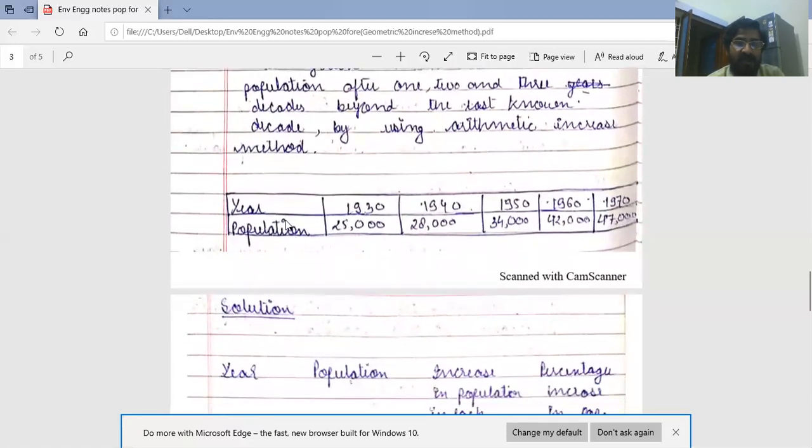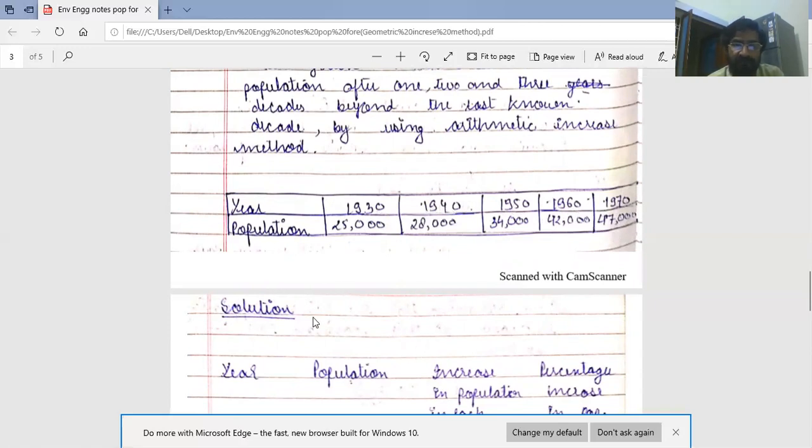This is the given data. In 1930, population is 25,000. In 1940, population is 28,000, in 1950, population 34,000, in 1960, population is 42,000, and in 1970, population is 47,000.